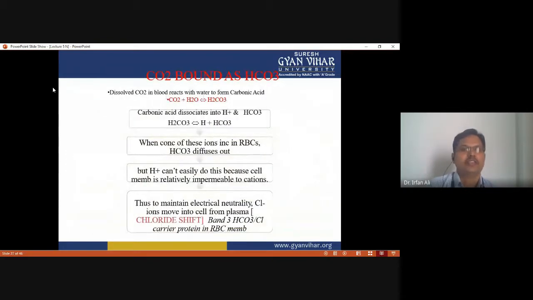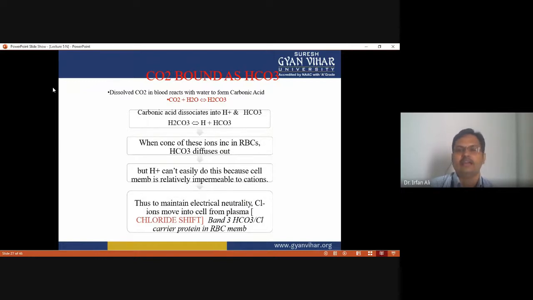And you have to see that dissolved carbon dioxide in the blood reacts with water to form carbonic acid in the RBC. So in the RBC, the carbonic acid dissociates into hydrogen ion and bicarbonate ion. And when the concentration of bicarbonate ion increases in the red blood cells, then the bicarbonate ion diffuses out into the blood plasma.